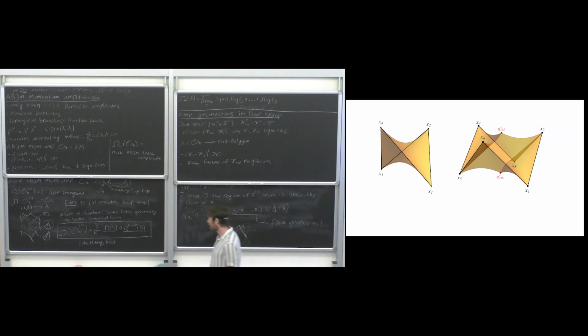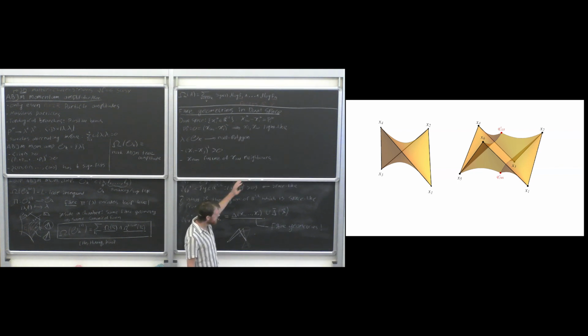Right. So to recap, we start from a point in our tree-level ABJM momentum amplitude, which defines for us a null polygon in dual space. And then we simply ask, what is the region in Minkowski space which is space-like separated from all the corners of this null polygon, and that defines for us these fiber geometries delta.